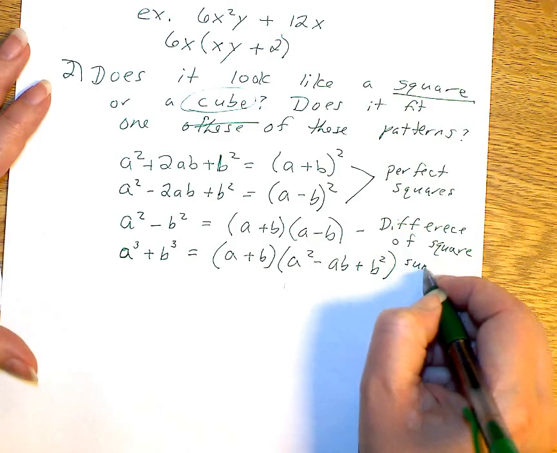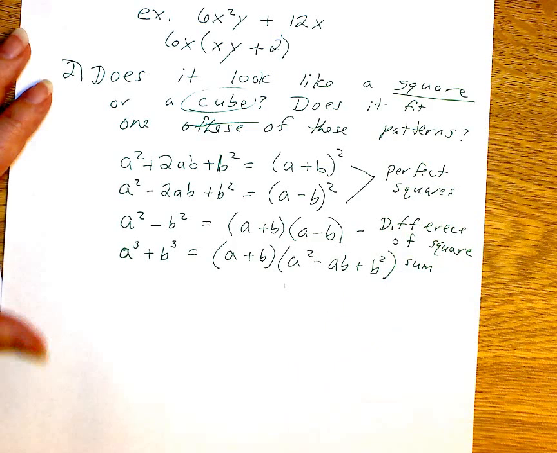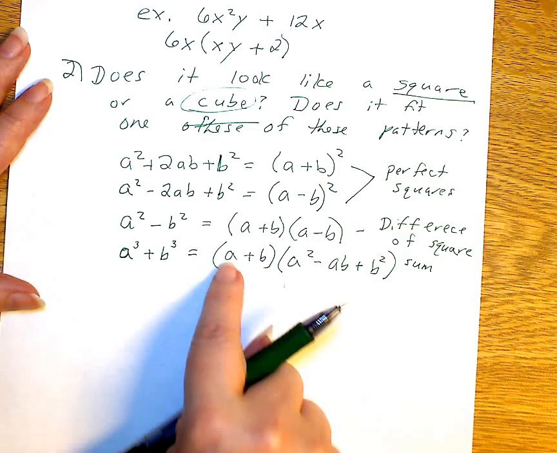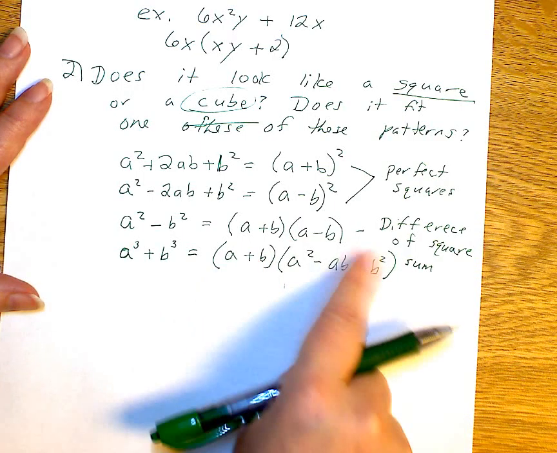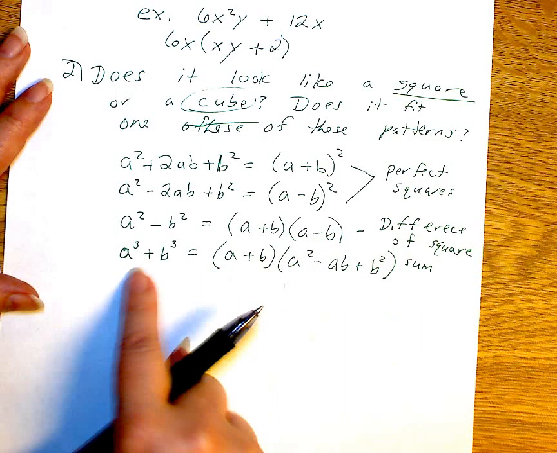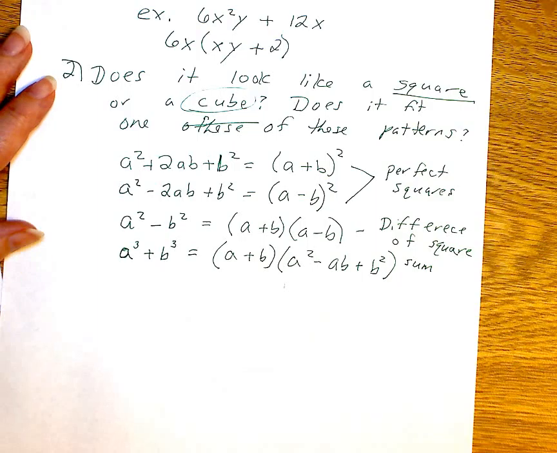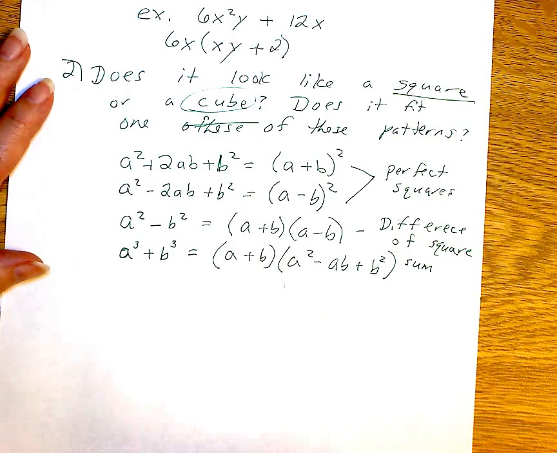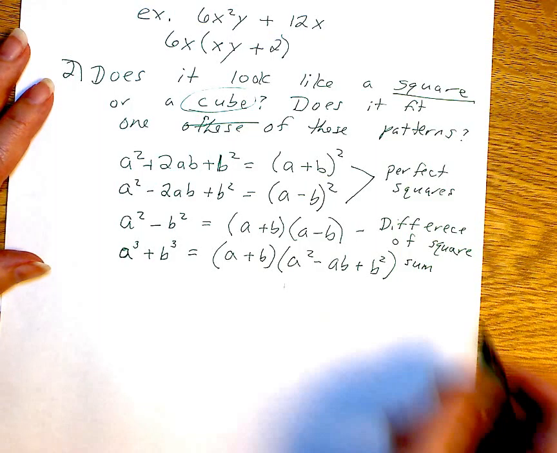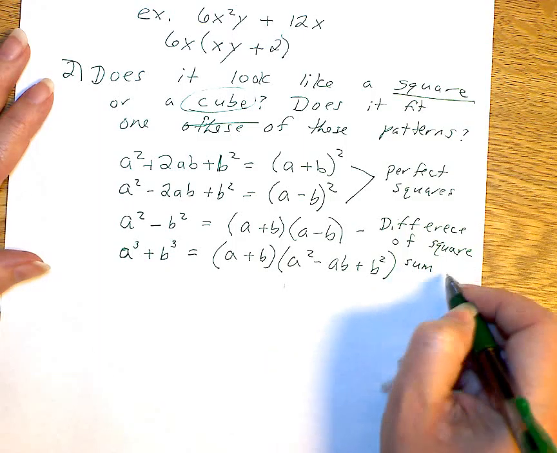It's not even really memorizing them, it's understanding them. Once you understand them, because if you were to multiply this through and this through, you're going to get this answer. So it's undoing FOIL, it's factoring, and that's why this section is hard. You have to really understand it more than memorize it. Recognize it and understand it more than memorize it. And anyways, this is called the sum of cubes.